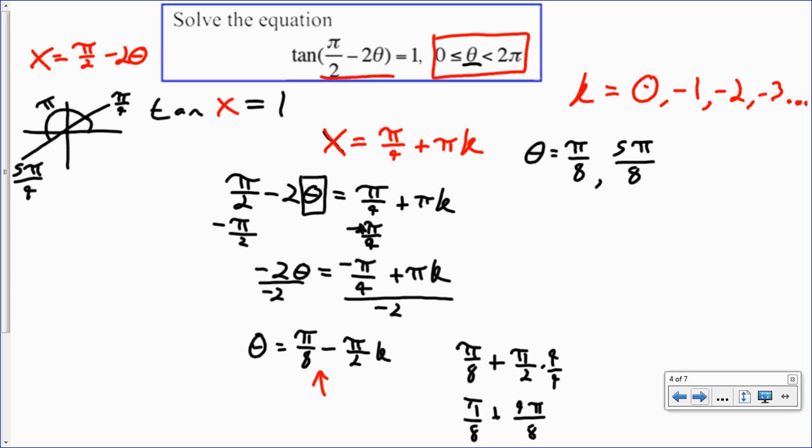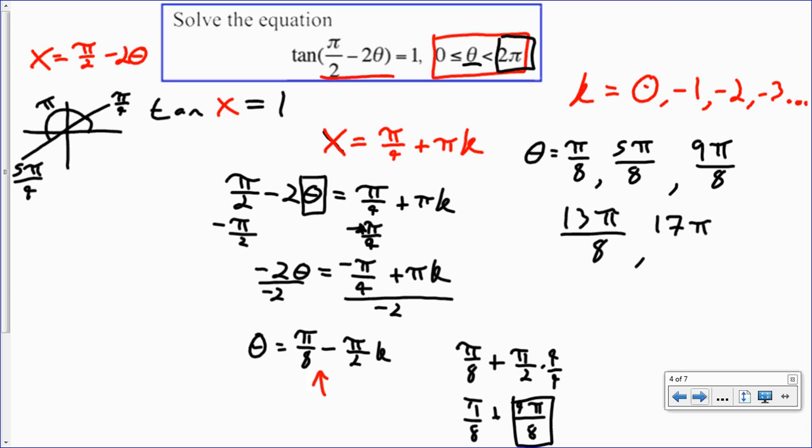Okay. Well, for the next one, I just realized that I'm just adding 4 pi over 8 each time. So then I'm going to get 9 pi over 8, which is slightly over pi. So I still have more to go to get all the way to 2 pi. So I keep doing k values until I get values that are larger than 2 pi. So then after this, I get 13 pi over 8, 17 pi over 8.